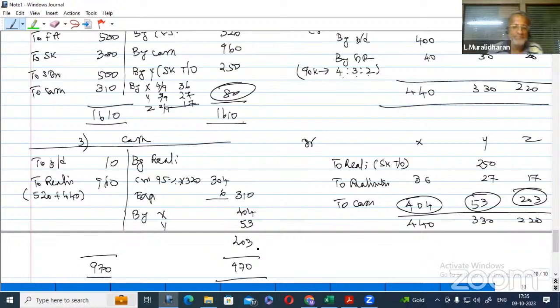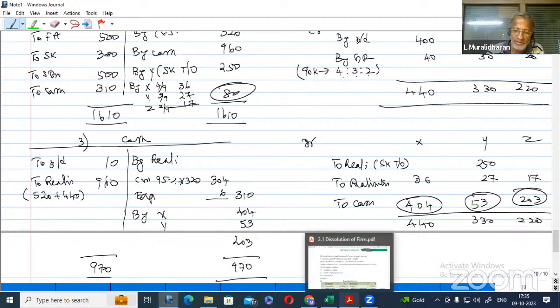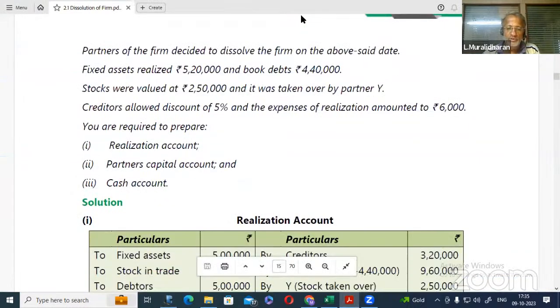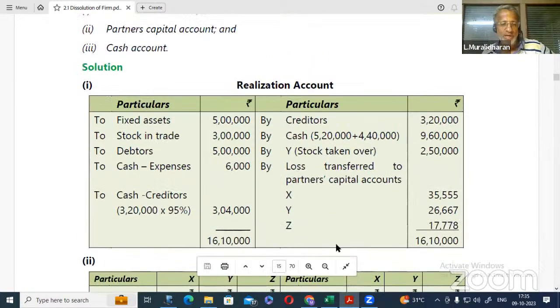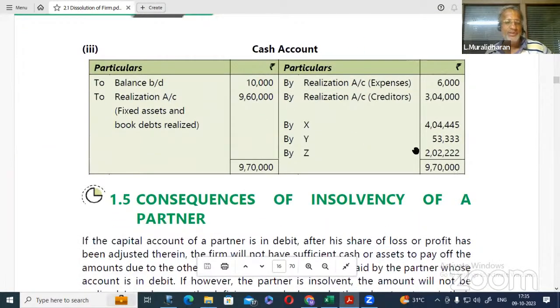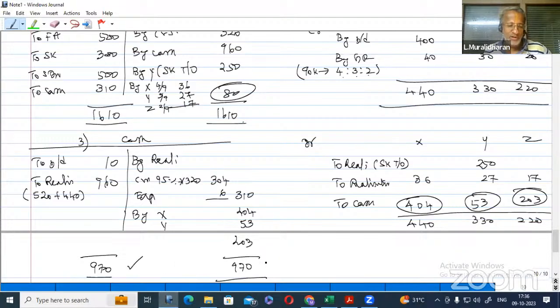And it is 970. 310 plus 404 plus 53 plus 203 is 970. See, there is a rounding off. If you have done it to the last rupee, you will not have this problem at all, and your cash account will automatically agree. That's it. 970 is the total that we have just got.